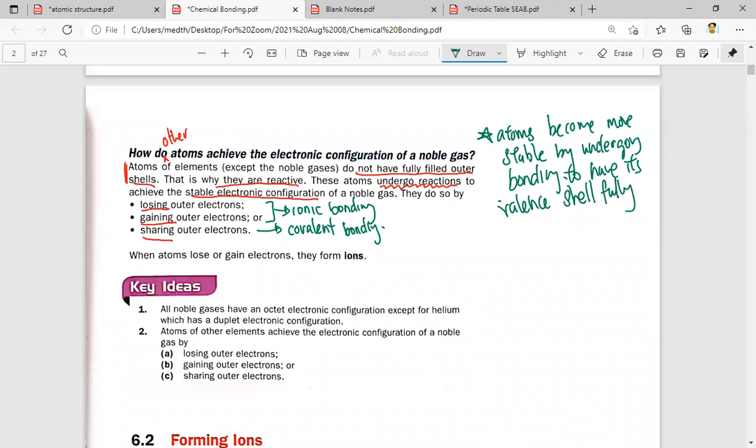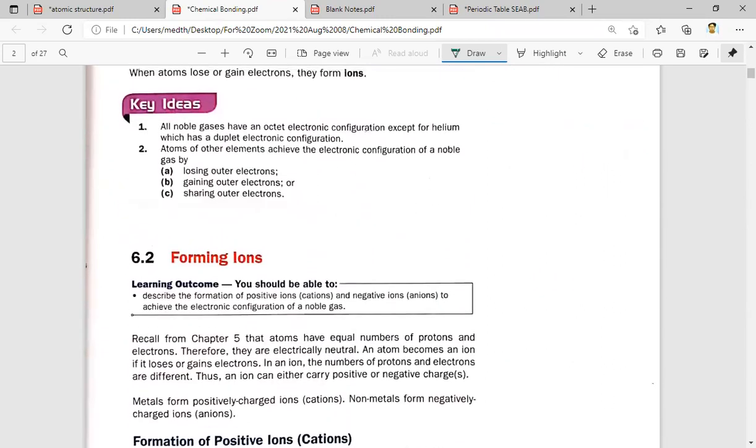So the key idea here is that bonding is so that the outermost electron shell, or we call it the valence shell, becomes fully filled. How do they do so? They can undergo ionic bonding, or they can undergo covalent bonding.